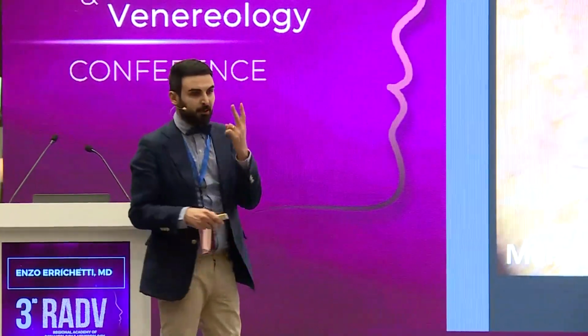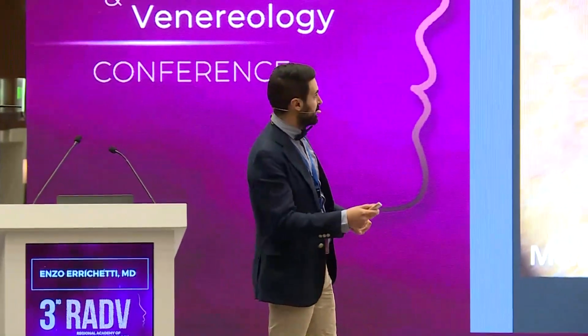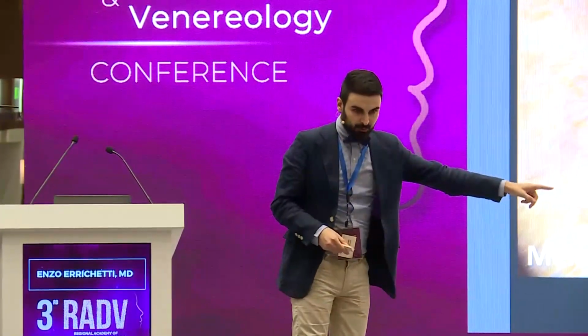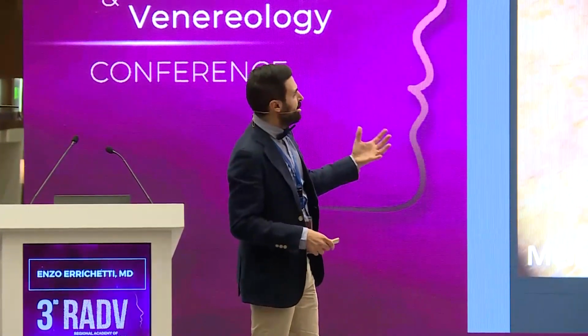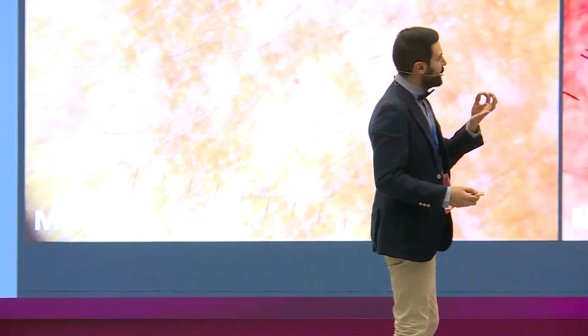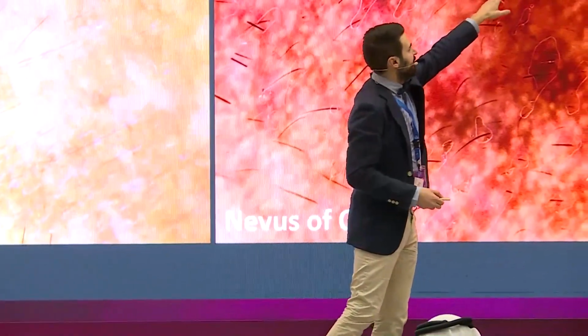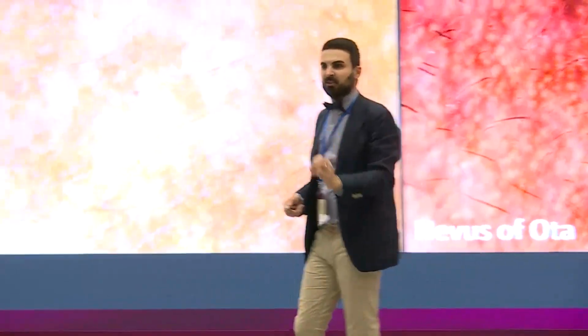Then we have the second group of conditions typified by pseudo-network, so structureless brown areas with sparing of the follicular and eccrine ostia: melasma and nevus of Ota. In melasma, of course, the pigmentation is more homogeneous. In nevus of Ota, it's less homogeneous, but the main clue is the presence of eccrine ostia pigmentation.